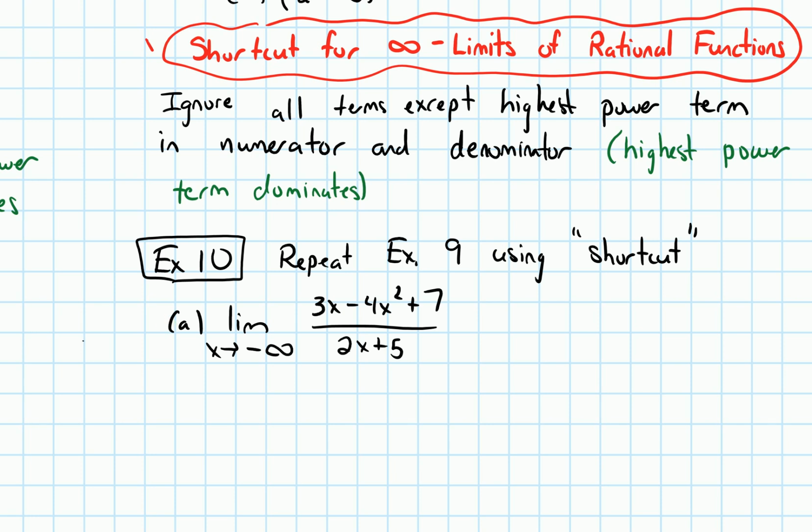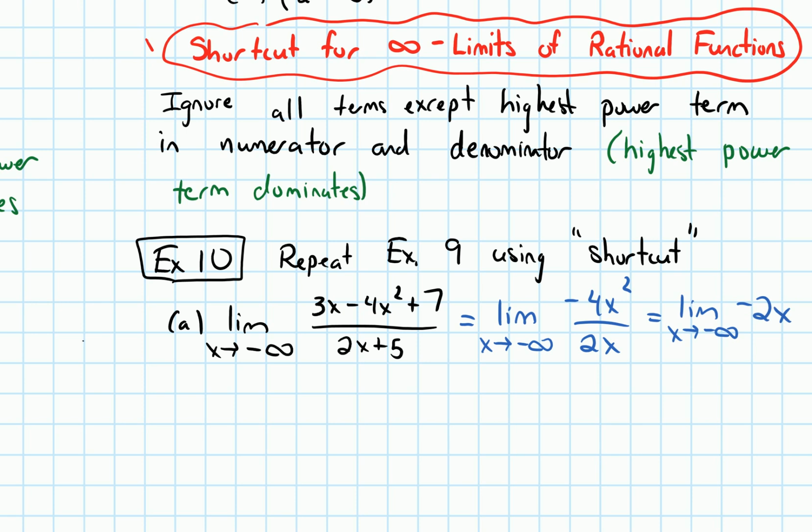So the first limit was the limit as x goes to negative infinity of this rational function. Using the shortcut, we only keep the highest power term on the top and on the bottom. So that's negative 4x squared on the top, 2x on the bottom, and this simplifies easily to the limit as x approaches negative infinity of negative 2x.